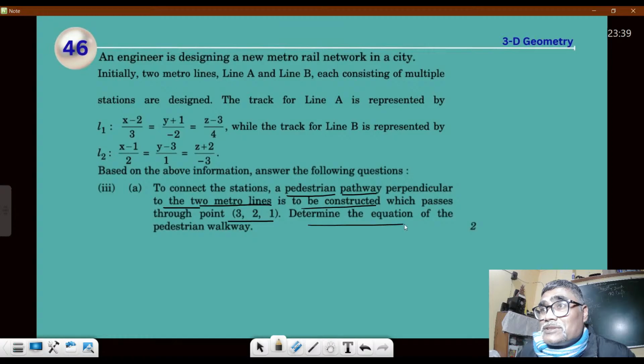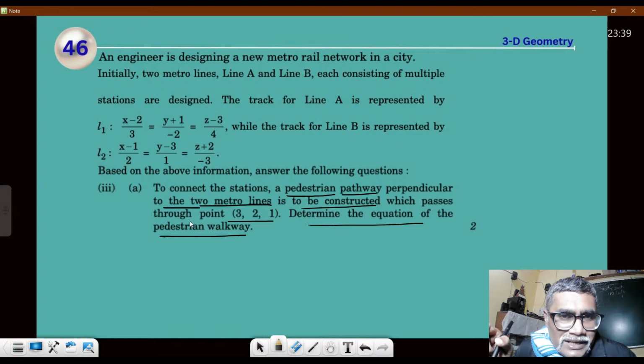Determine the equation of this pedestrian walkway. Perpendicular to the two, what do you think? Actually, they're asking you to find the equation of a line passing through the point 3, 2, 1 and perpendicular to both these given lines.